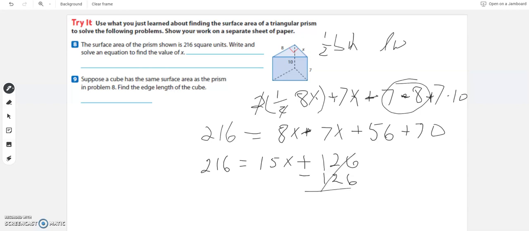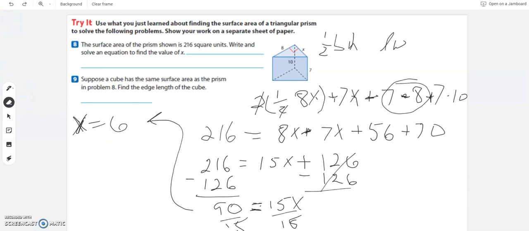So those cancel each other out. We'll go with 90 equals 15x. It's kind of messy, but that's the final answer: x equals 6.